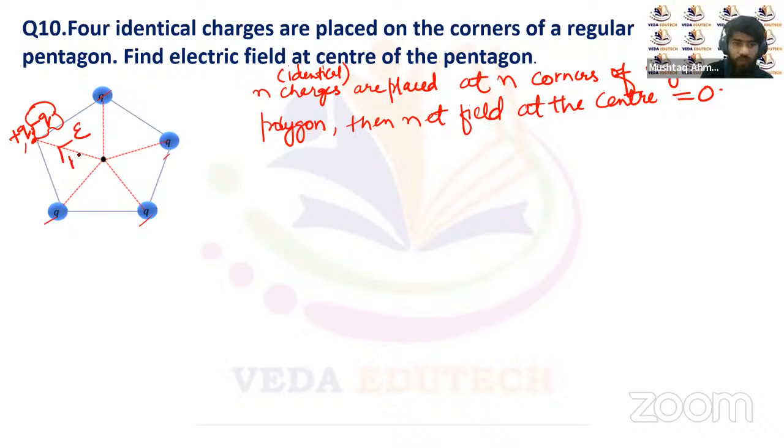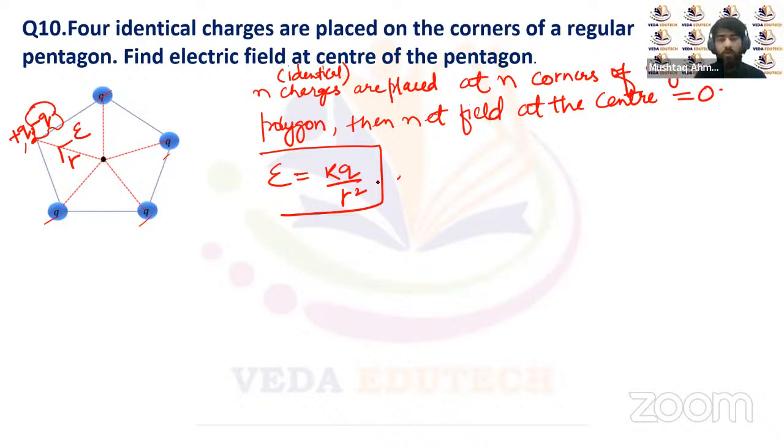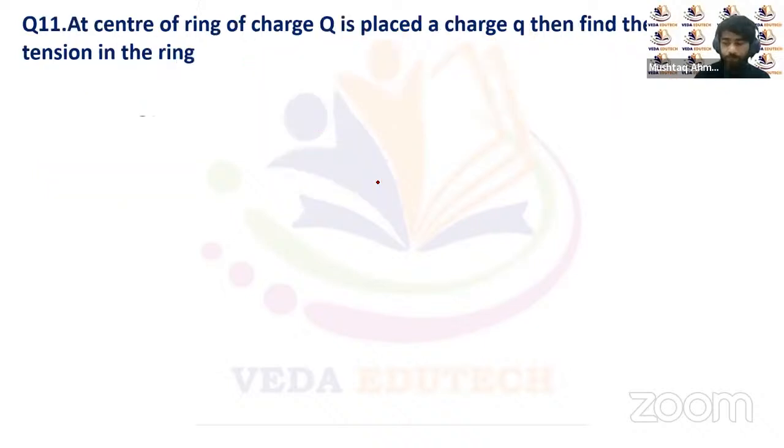Let's suppose the distance from the center to this point is r. Then the field will be kq upon r square. So this will be the net field at the center of this regular pentagon with four charges at four corners. This is how we can solve this question.